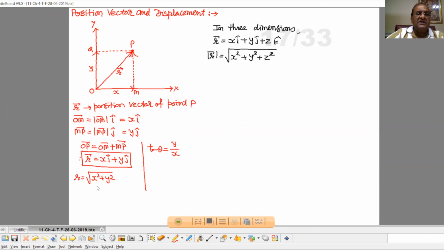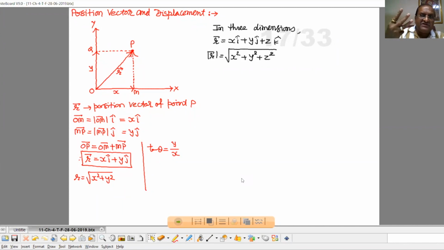So r is the square root of x square plus y square. And the direction of this position vector, tan theta, is opposite upon adjacent, that is y by x. This position vector is represented here in component form in 2 dimensions.